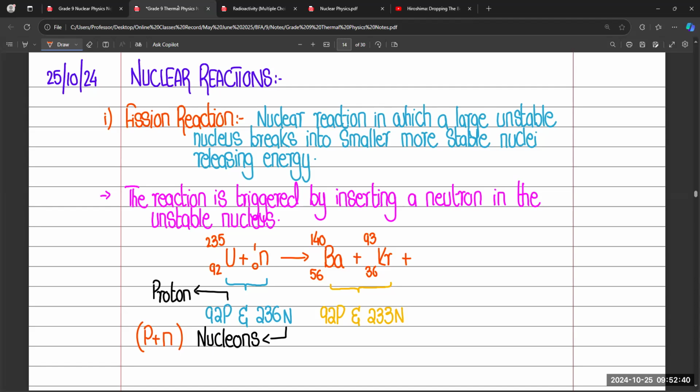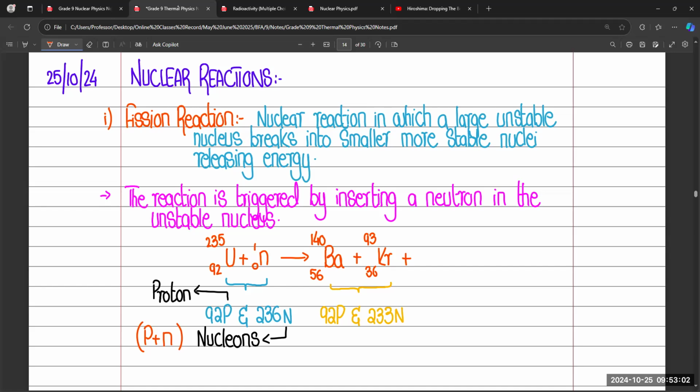So what are those particles? Actually those are neutrons, because when we strike a neutron into the nucleus and it splits into smaller nuclei, it also emits neutrons, right? And those neutrons automatically strike the other nucleus or the other remaining part of the nucleus, and this reaction continues.